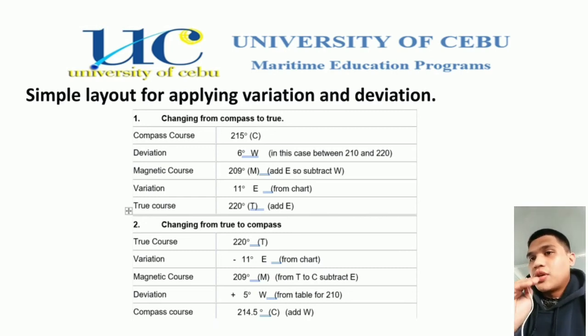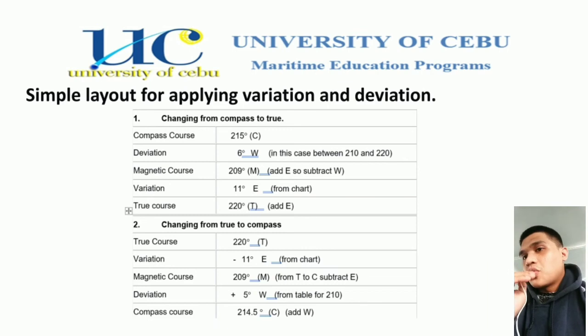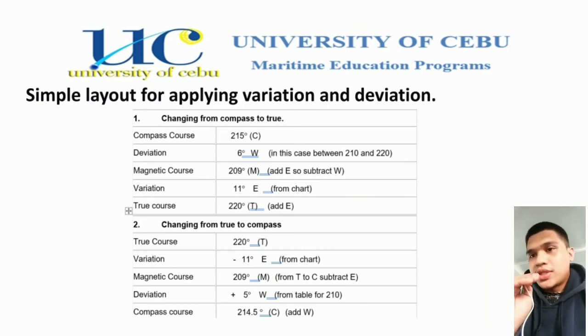So we will come up with 209 of magnetic course. Then our deviation is 5 degrees west. It is from the table for 210. And then our compass course is 214.5 degrees, since we add the magnetic course and the deviation.